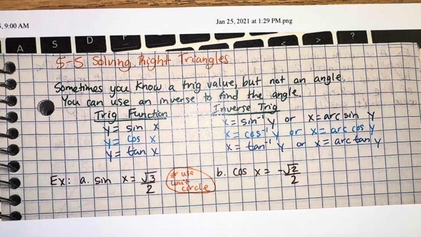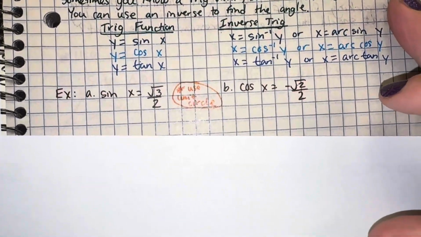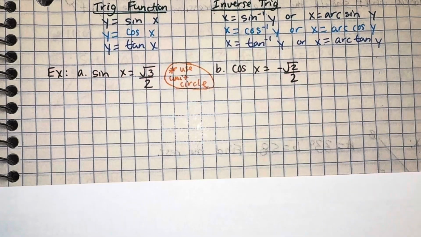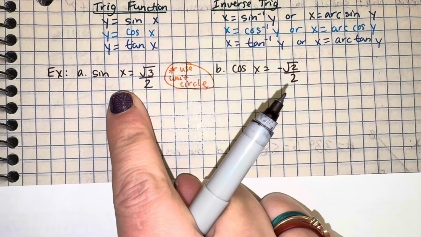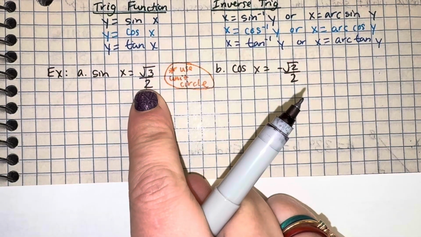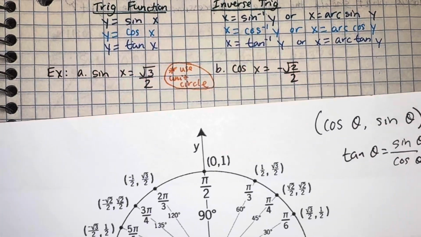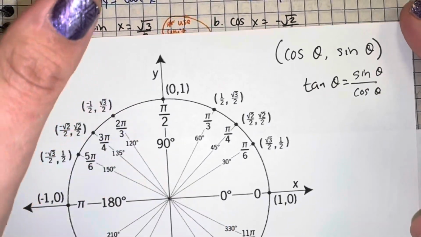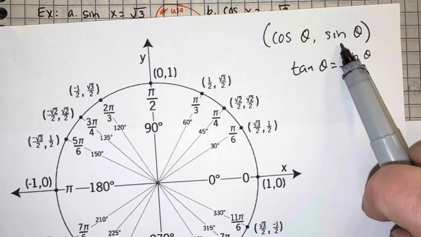All right. So on these problems, we're going to use our unit circle to solve these. On our first one here, it's asking for the sine of what angle equals the square root of 3/2. Well, if we look at our unit circle, we know that sine is the second number.